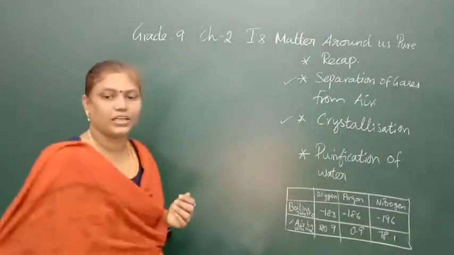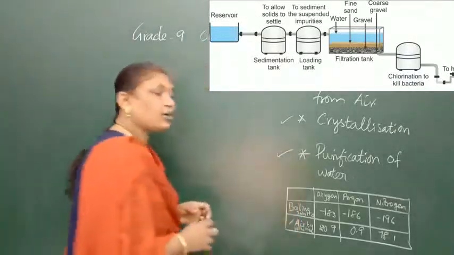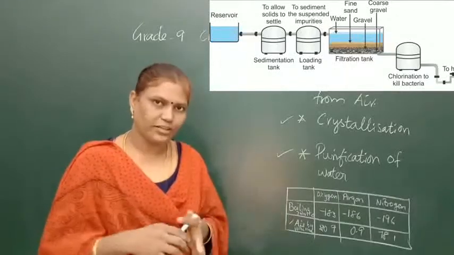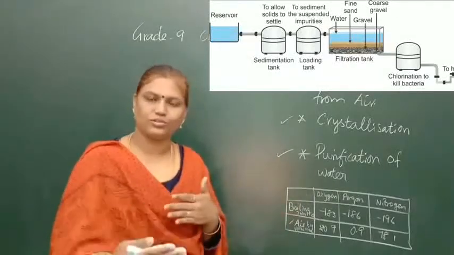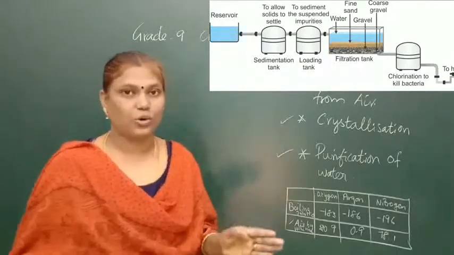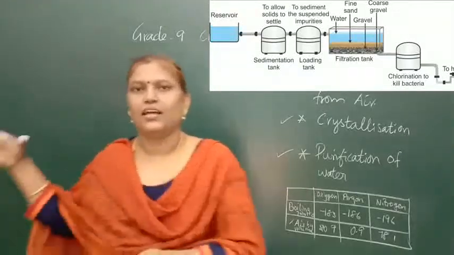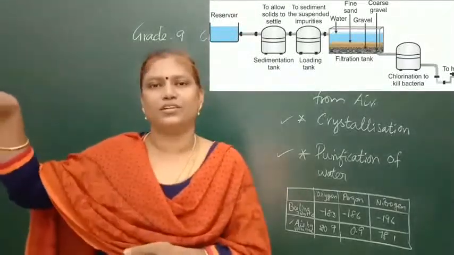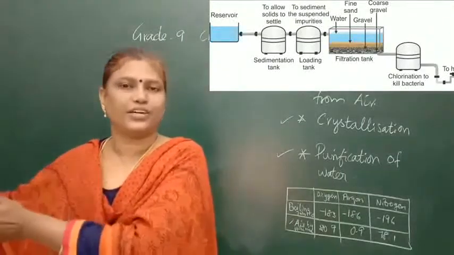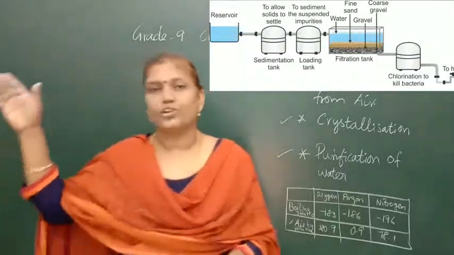Then shall we go for the purification of water? Have you ever seen the dam water? You have visited a dam. You can see the water reservoirs storing the water, and one side is for purification of drinking water, and one side is for purification of water for domestic purposes.